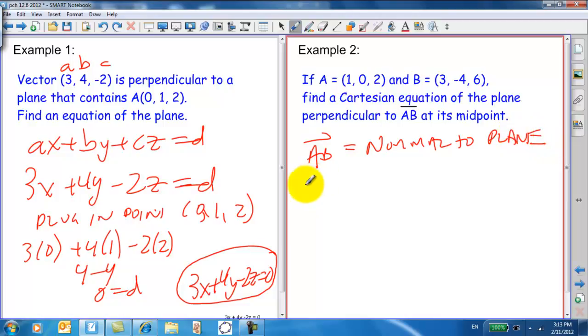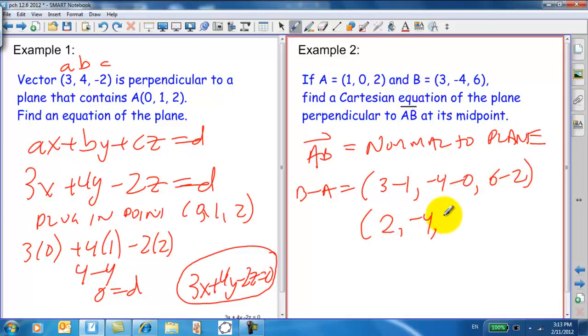So let's figure out vector AB, which is b minus a. That's 3 minus 1, negative 4 minus 0, 6 minus 2. So we get 2, negative 4, 4. That's vector b minus a, which ends up being our normal vector. 2, negative 4, 4. Now we need a point.